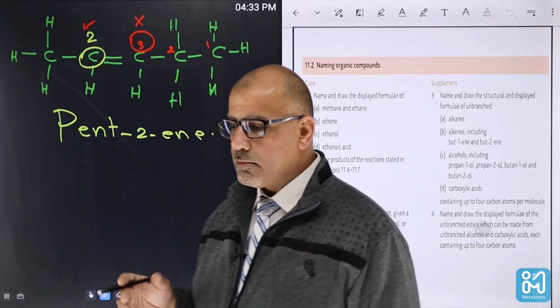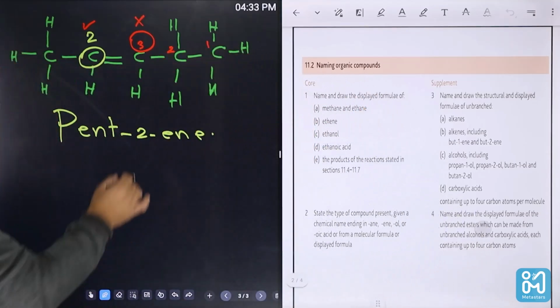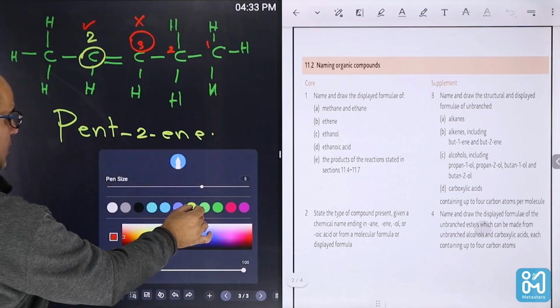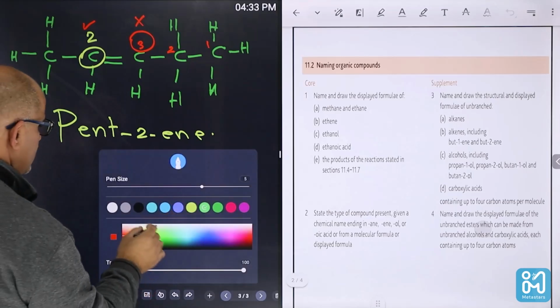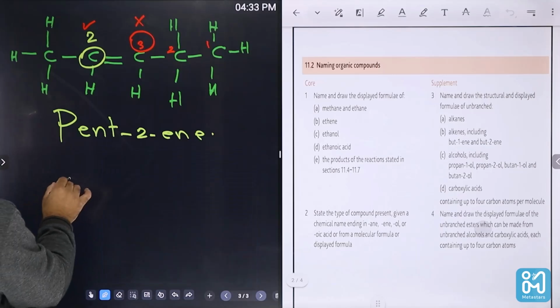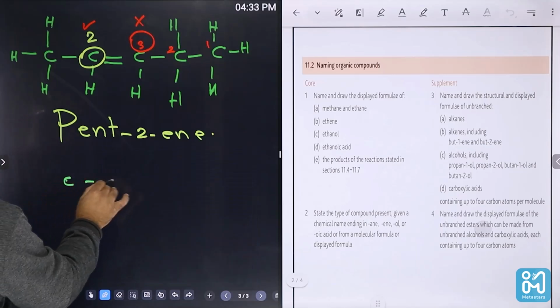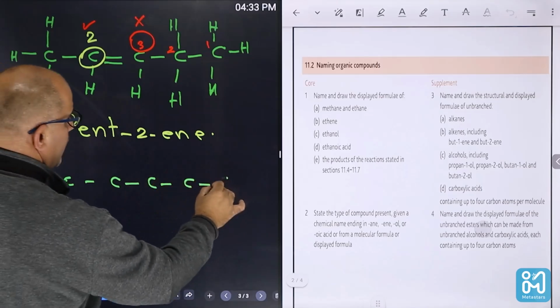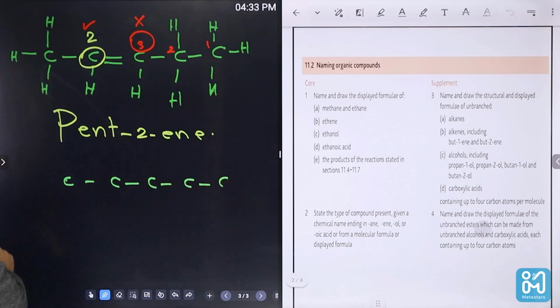like the double bonds or the alcoholic group. Now, the next point is we can draw a structural isomer for pent-2-ene, like that. For example, if we draw 1, 2, 3, 4, 5, so like that we select the same number of carbons.